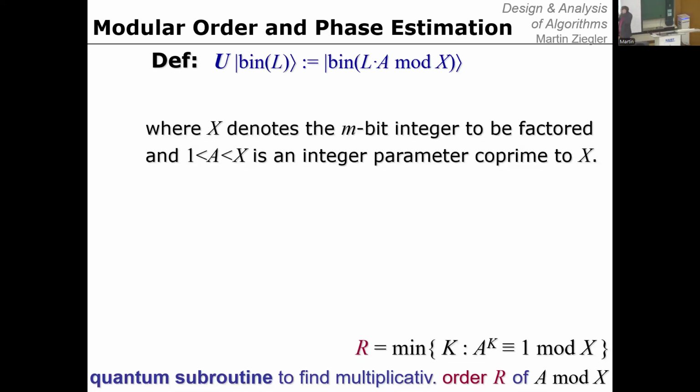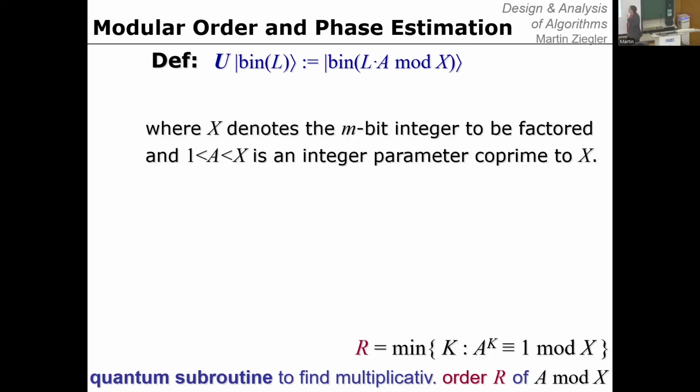The unitary operator operates on an m-qubit state, say the m-qubit value encoding in binary the integer L, and the resulting state should be L times A modulo X, an m-bit integer encoded in binary, so this is going to be another m-qubit state.